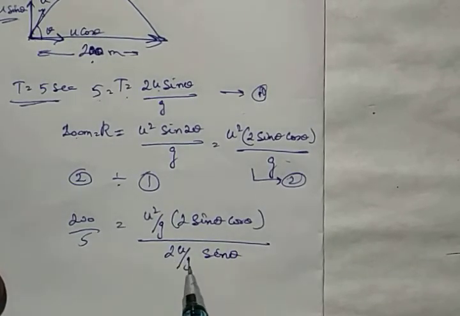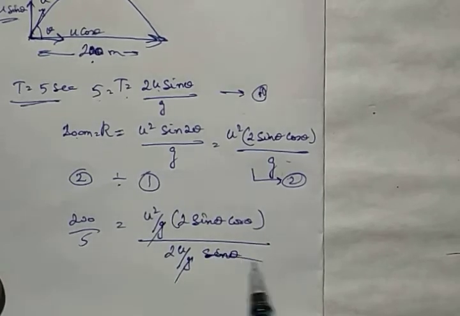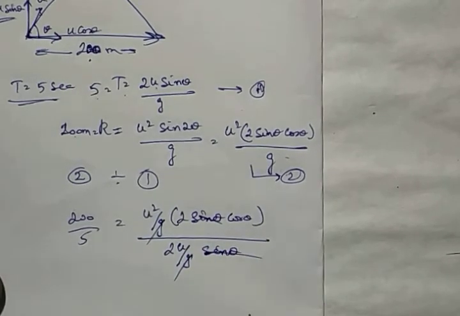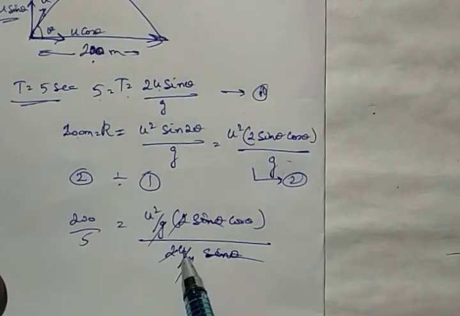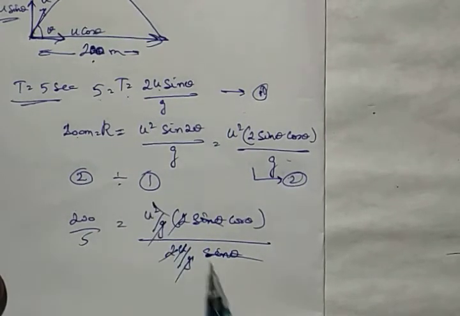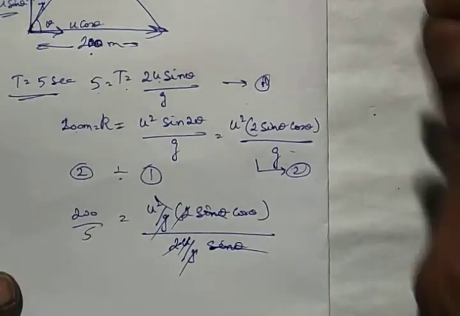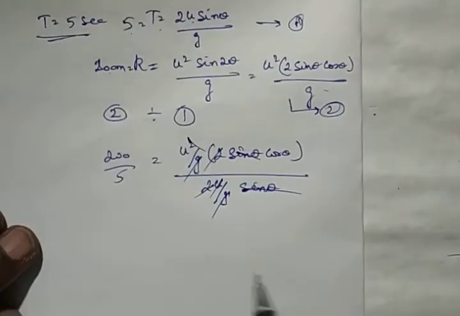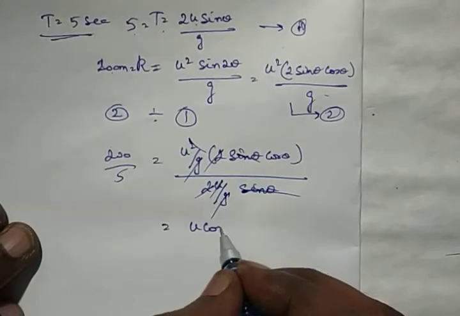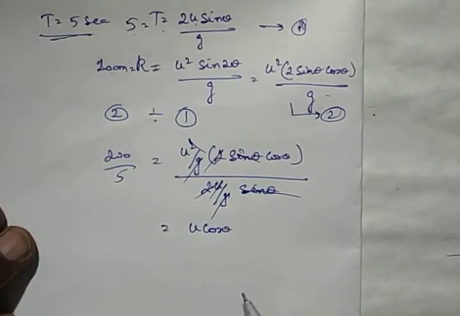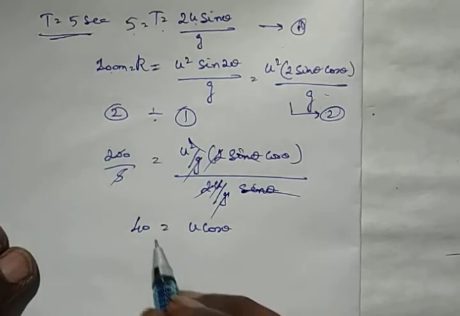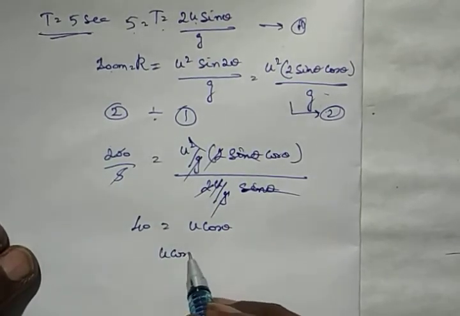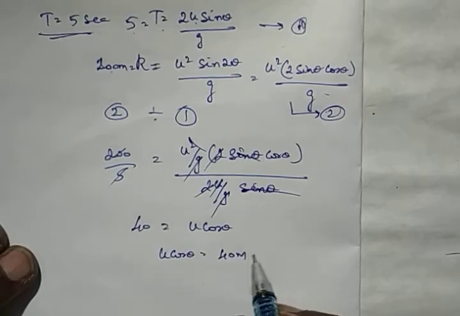So you get here g and g will get cancelled out. Sine theta and sine theta will get cancelled out. And 2 and 2 also will get cancelled out. One u and another u will get cancelled out. So there are quite a lot of them cancelled out. So you get here finally only u cos theta. Just u cos theta remains. That is equal to 40. So u cos theta is going to be equal to 40 meter per second.